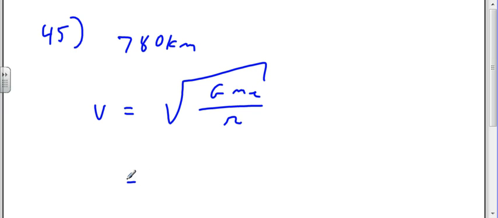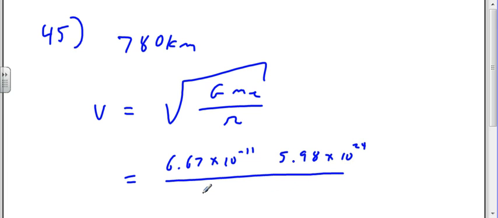So v is equal to the square root of 6.67 times 10 to the minus 11 times the mass of the Earth, which I don't remember, but is in your calculator in case you forget it, 5.98 times 10 to the 24th, divided by the radius.